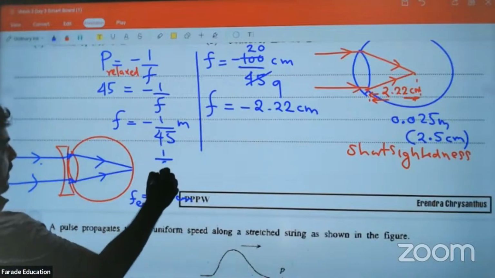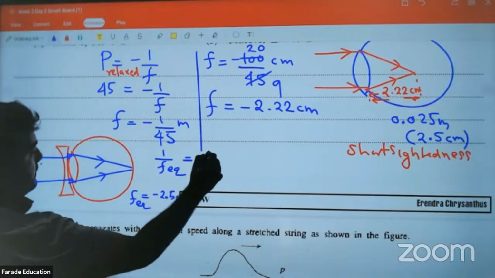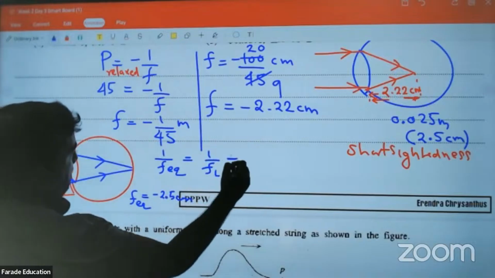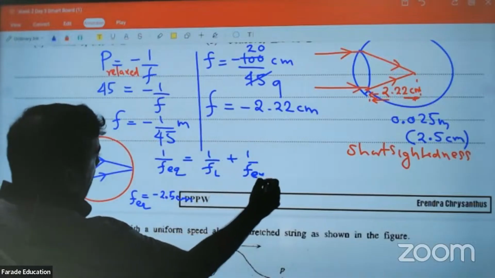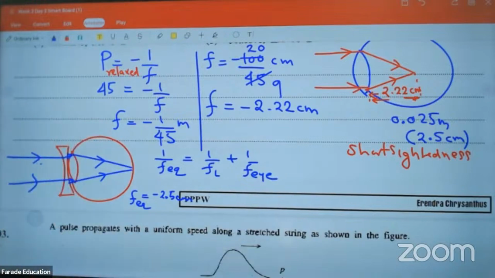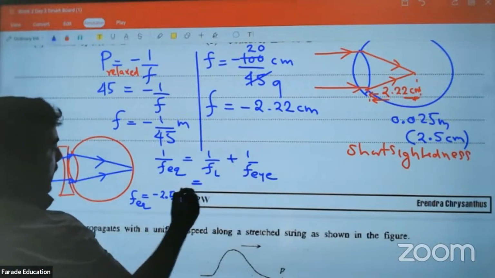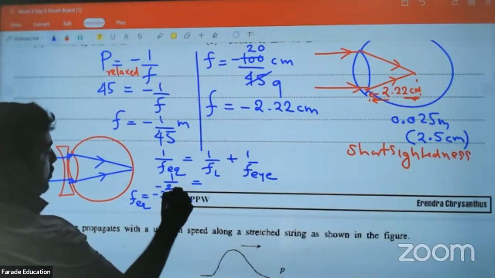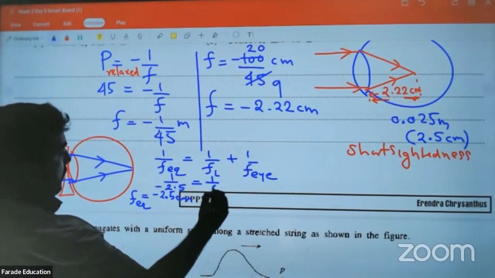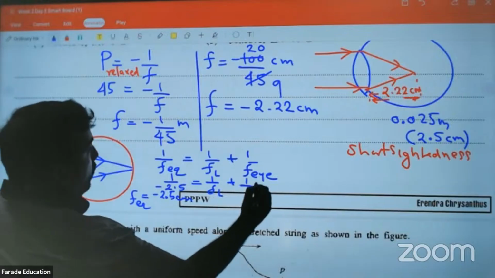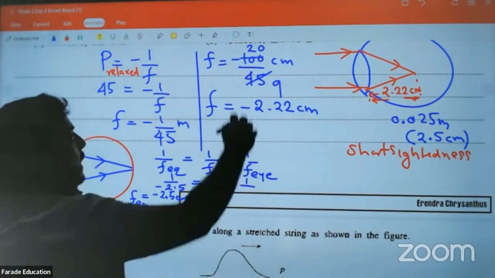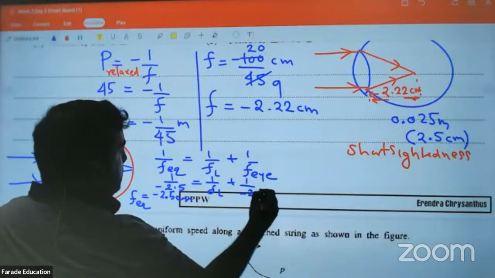So 1 over effective focal length is 1 over focal length of lens plus 1 over focal length of eye. Effective focal length is 2.5. Focal length of lens we don't know. Focal length of eye, I'll put in fraction form, 20 over 9.